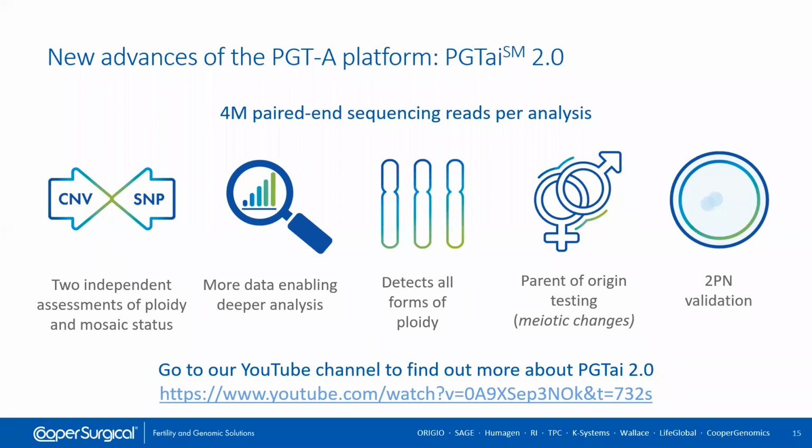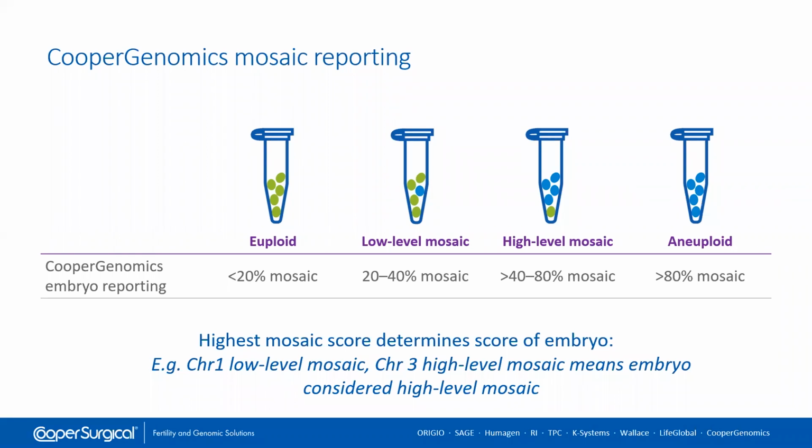The other thing that we can do with PGT-A2 is parent of origin testing for meiotic changes. So this is to find out if the aneuploidy is either derived from the maternal or the paternal side, as long as we had the parental cheek swabs, and we can help with validation and detection of all forms of triploidy. But again, if you want to learn more, please look at our PGT-A2 webinar and come back to us with questions.